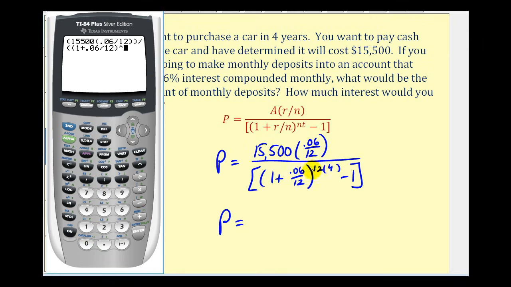This will be raised to the power of 12 times 4, that'll be 48, minus 1, and then close parenthesis for our denominator. So we'll have to save $286 and approximately 52 cents per month if we want to pay cash for this car.